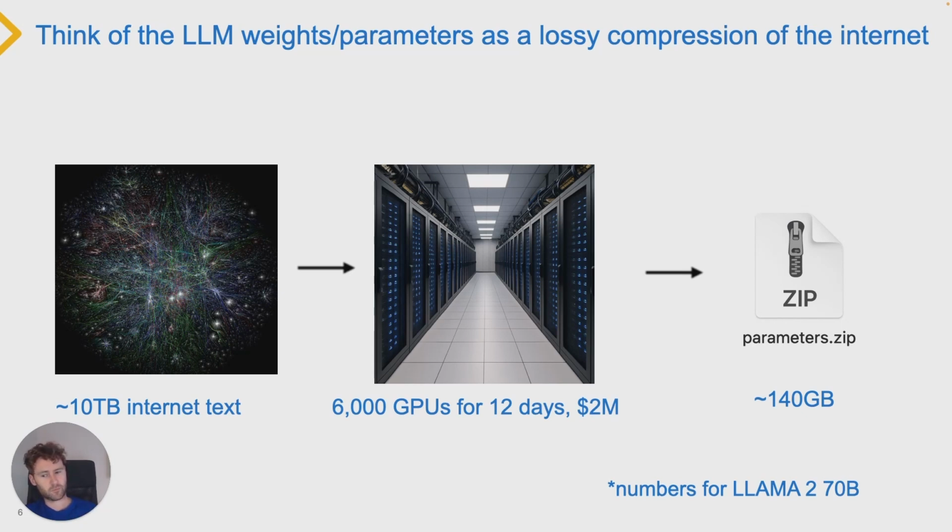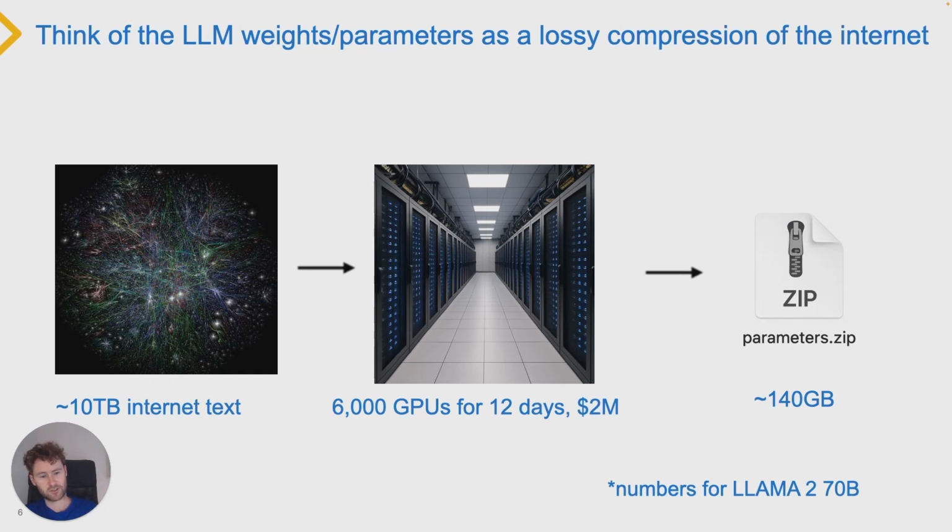The way these LLMs are trained, you get a large chunk of the internet, a large input text file. You then train your neural network, your parameters file, continually updating the weights, the values in that parameters file. This is a very compute-intensive process. At the end of that process, you've got your parameters file.